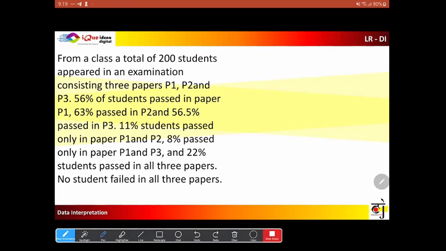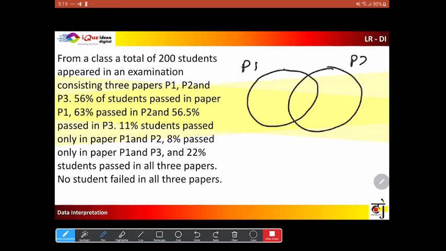So using the same concept, if there are a total of 3 subjects, I can have P1, P2, and P3. This central area represents those who have passed all 3. This particular area would represent passed P1, passed P2, failed P3.